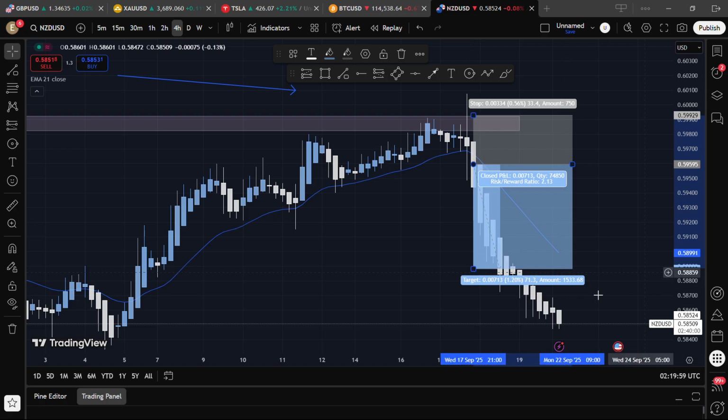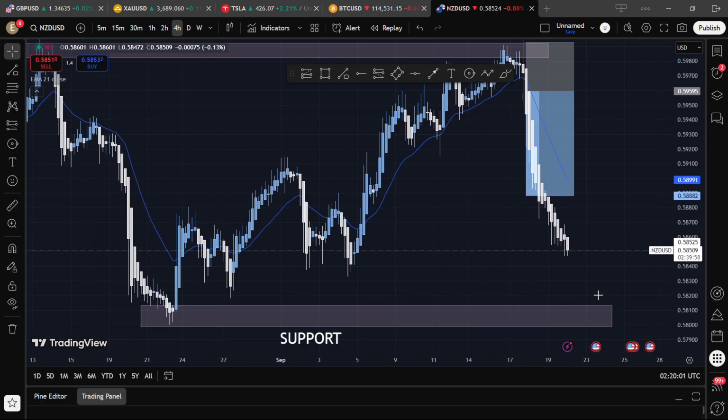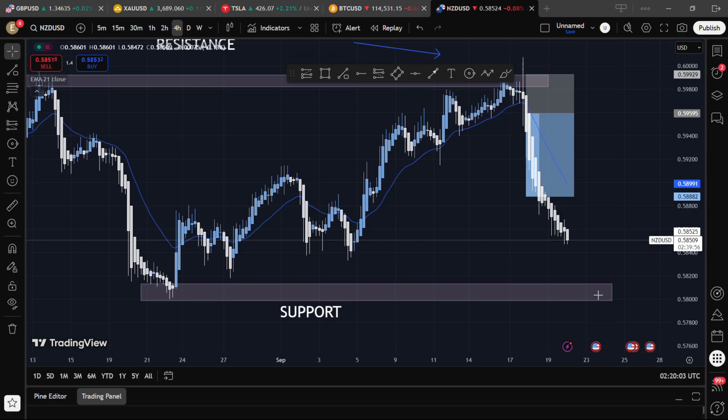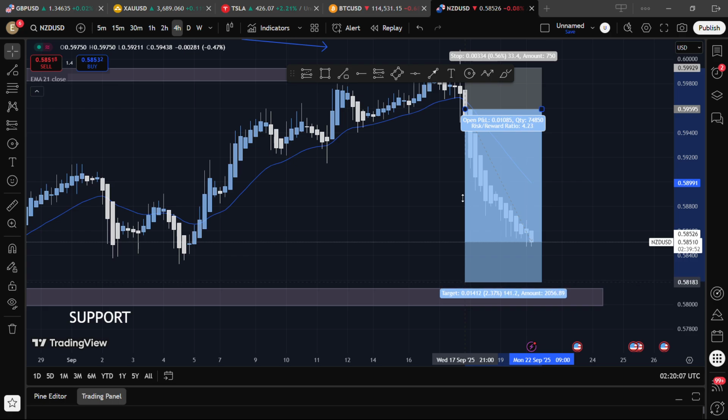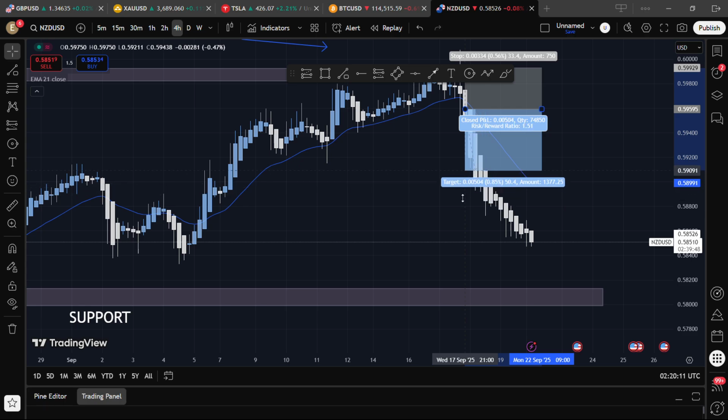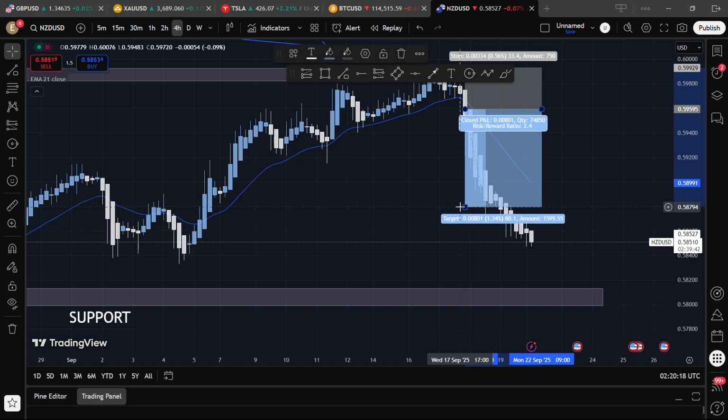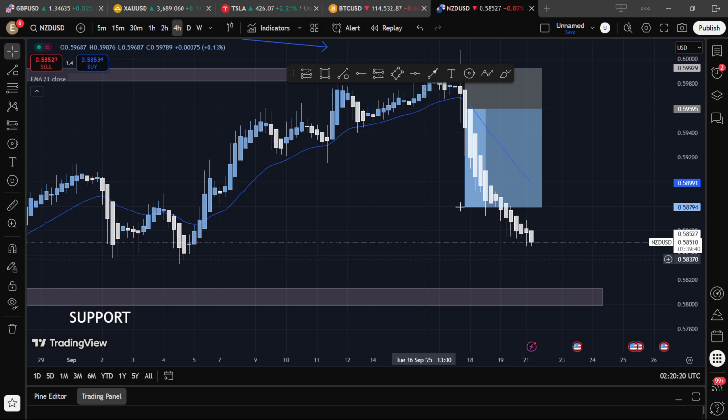Always look for a 1:2 trade. Someone too can also put his take profit on the support line. That's not bad. And someone too can even put it at a different ratio, but I always prefer 1:2. I took a 1:2 trade over here. This is how I took this trade.